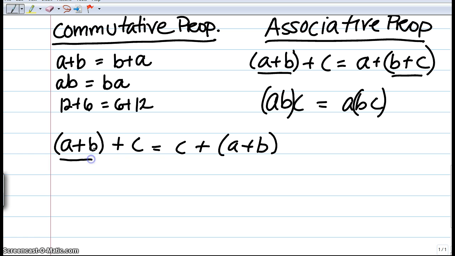Here I have A plus B, here I have A plus B. What's in the grouping symbol is not changed. I have an A and a B in both of them, and you're adding both of them together. So it can't be associative property because the groupings are the same. But it is commutative because I changed the order. C came second, and here C came first. So this is the commutative property.